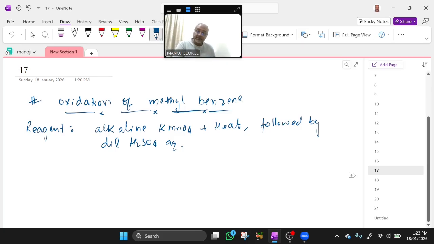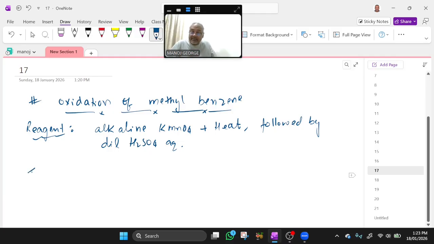Everyone's ready? So that's my reagent, and we are doing an oxidation reaction. Now I will of course teach you the steps, the whole thing can happen in two steps. But sometimes if the exam question comes a bit differently, I'll tell you how to work that out.